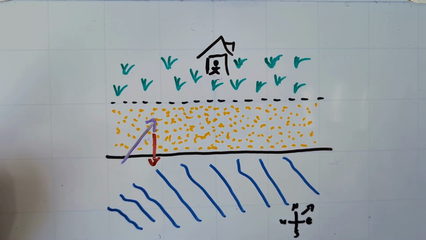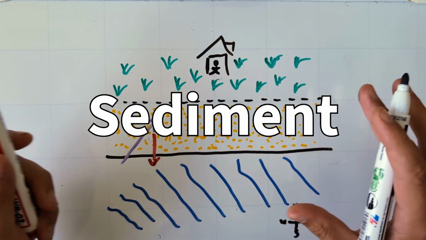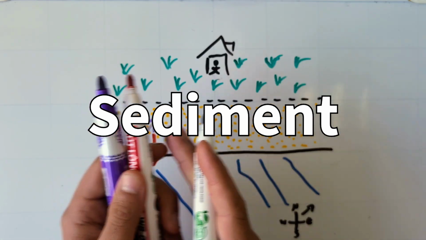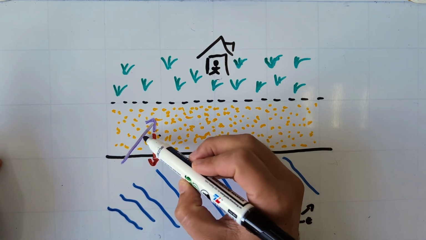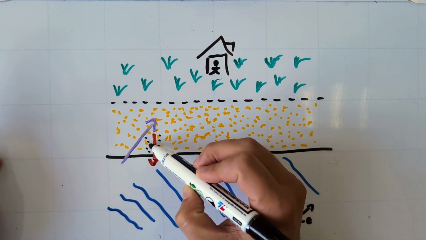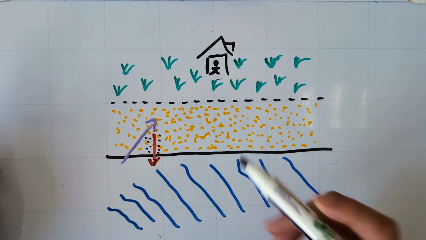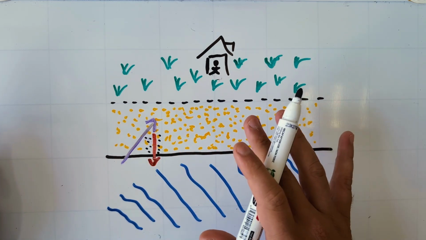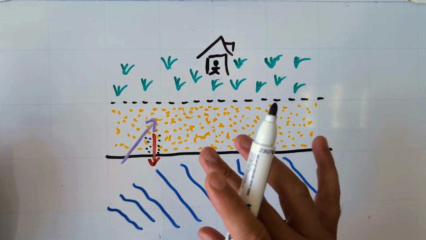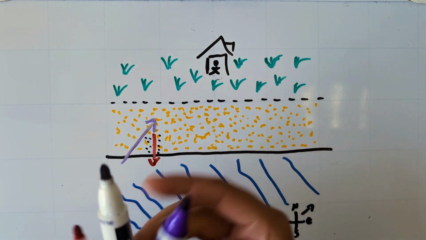So now we need to talk about sediment, because this whole process is about transporting, moving, sediment. So sediment is tiny pieces of eroded rock. Now obviously I've drawn them as yellow, okay? That's our beach, that's what's being moved. So then the cycle repeats itself.